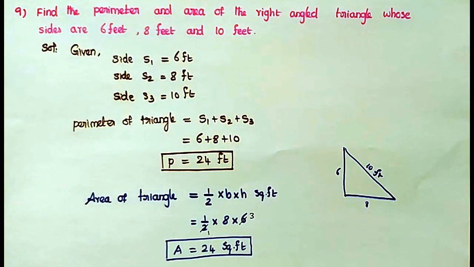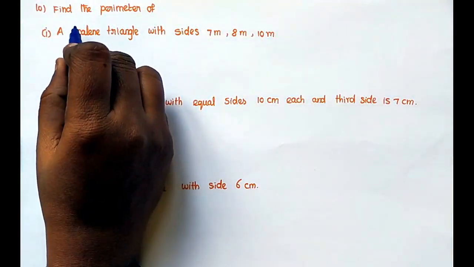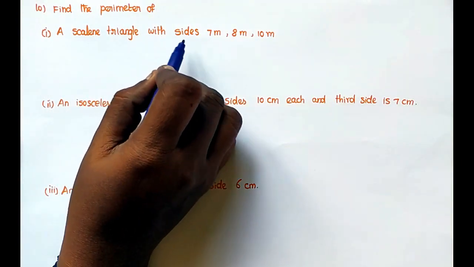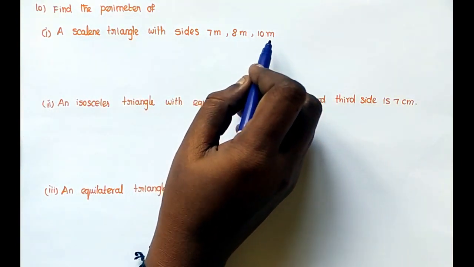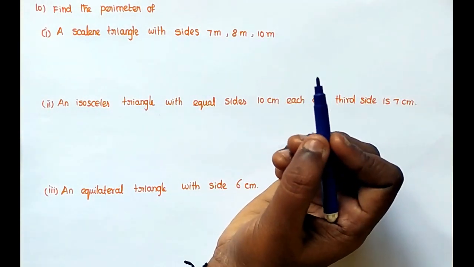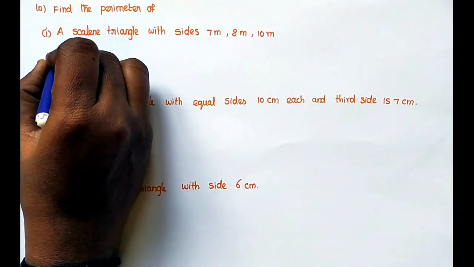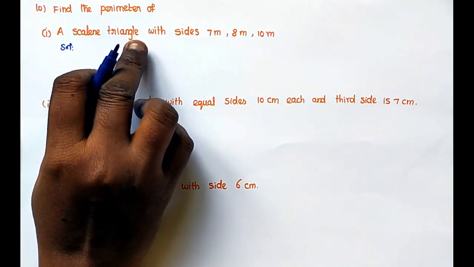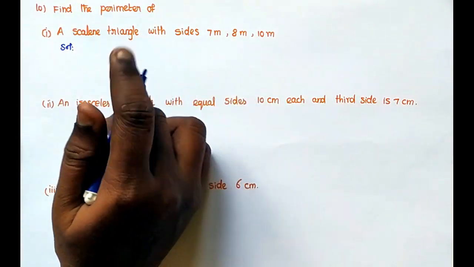That is the answer. 10th sum, find the perimeter of, first one, a scalene triangle with the 3 sides 7 meter, 8 meter and 10 meter. Listen. In scalene triangle, all the sides are unequal.